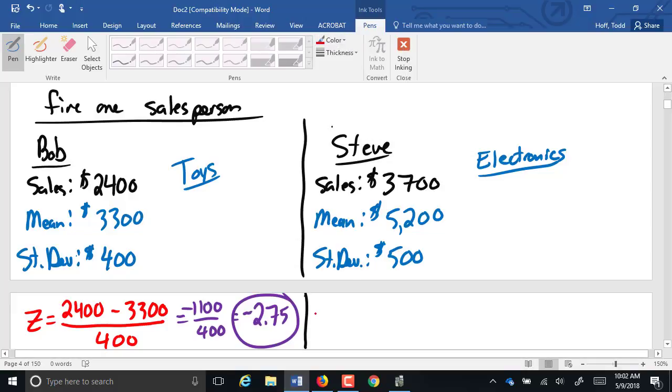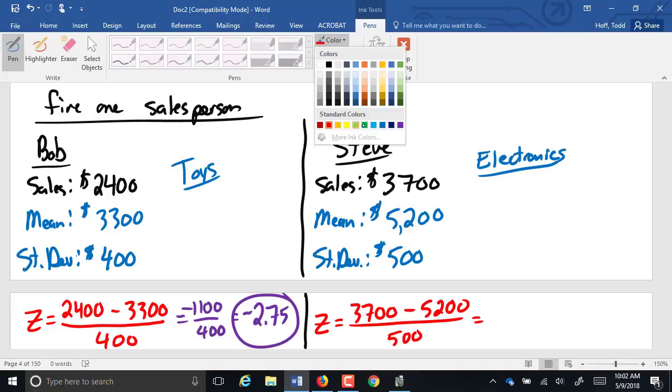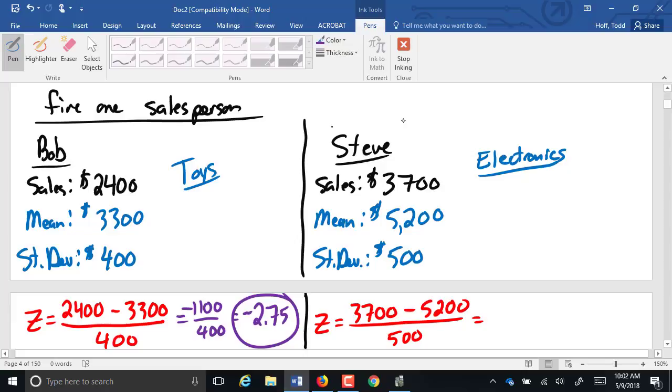Well, let's look at Steve, the z-score for Steve. Steve's sales is 3,700 minus that mean of 5,200 and divided by the standard deviation for electronics of 500. Well, 3,700 minus 5,200 is a negative 1,500.